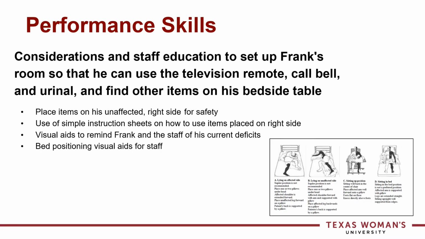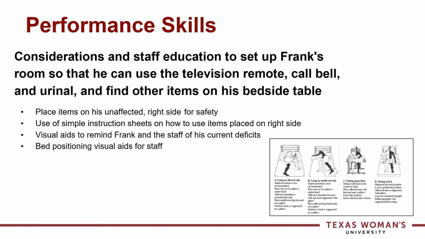Here's a list of some considerations to take into account for Frank's room that the staff should be educated on. We want to keep some important objects to his right for easy access. Among those would be the call bell for nursing, his urinal, the television remote, and some other items he might use very frequently.